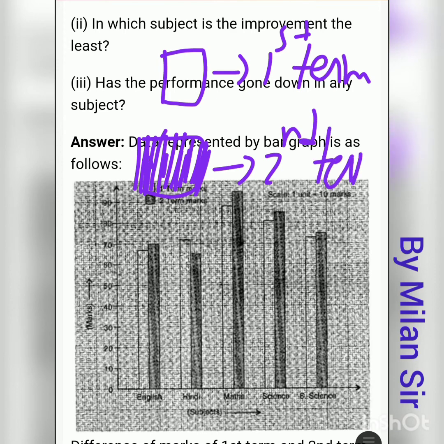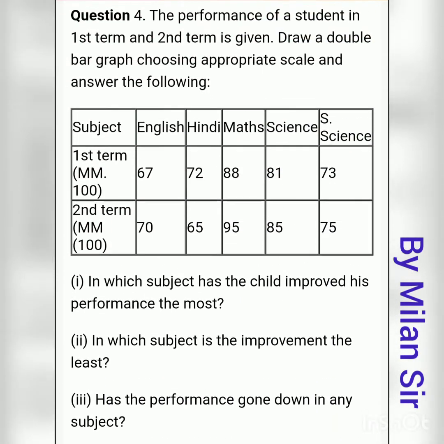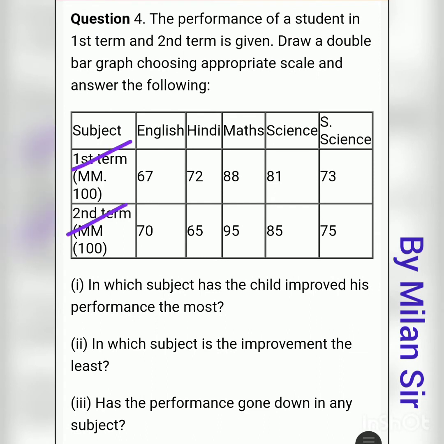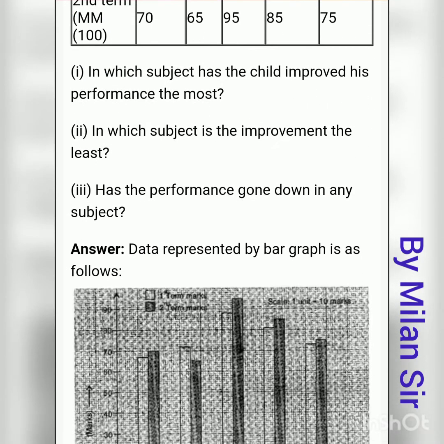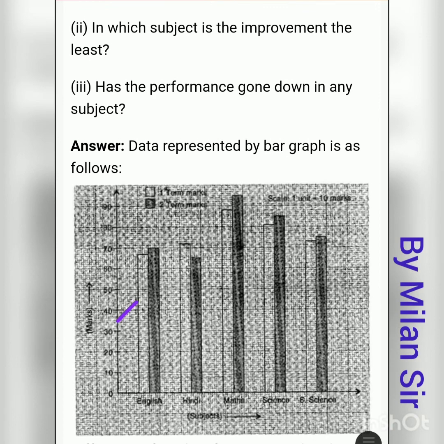So we need to define these things here, for first term and second term. So for first term the blank portion, and for second term the filled-up portion, that we need to write here.